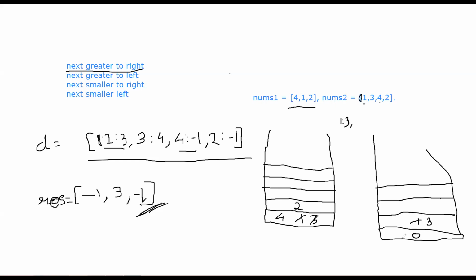Then the top is 0, sorry. We'll check if 0 is also less than 3 or not. If it is less than 3, then we will pop that also out. But again, the point here is just the next element. So for 0, the next element is 1, and 1 would have been the answer for 0.